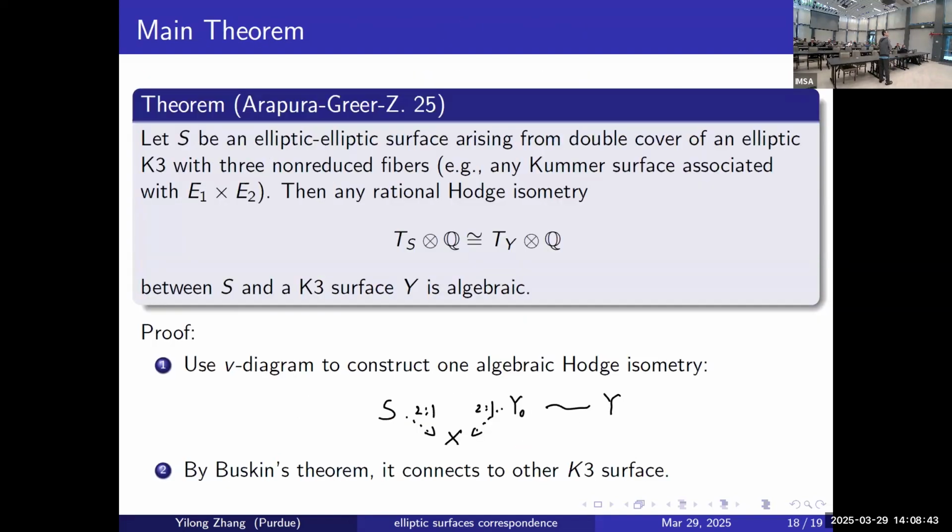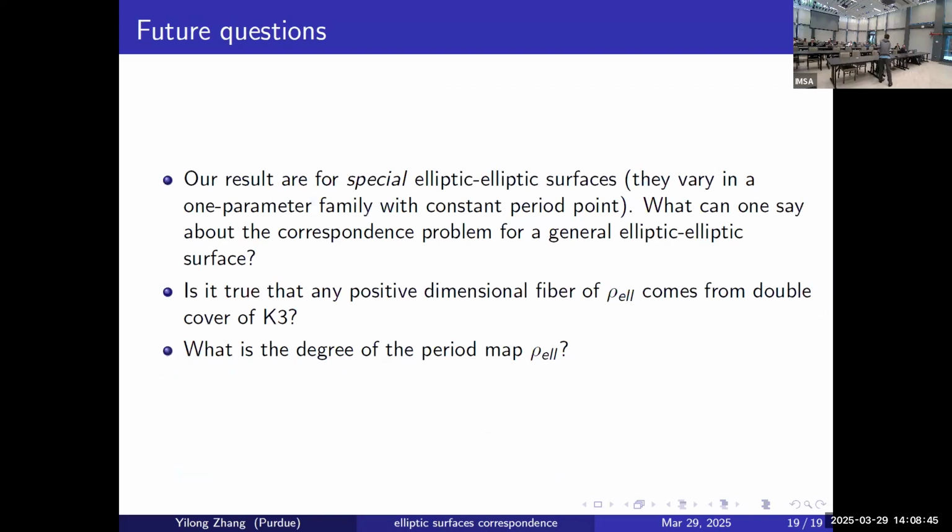I'll just come to the very last one, right? To repeat our results, we solved this correspondence problem only for very special elliptic surfaces. These surfaces fail infinitesimal Torelli, and correspondingly they have a constant period point.